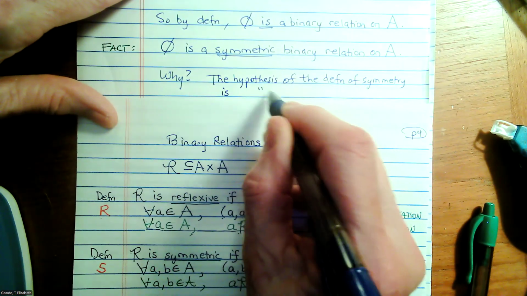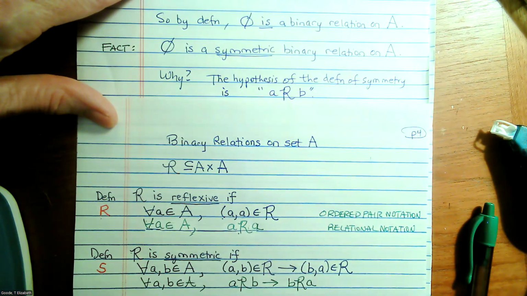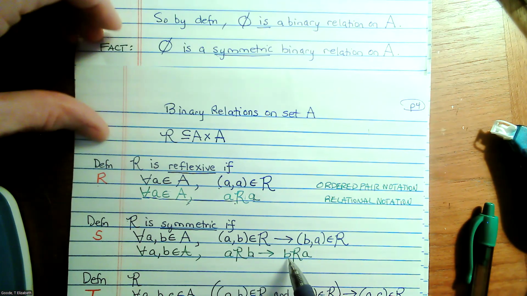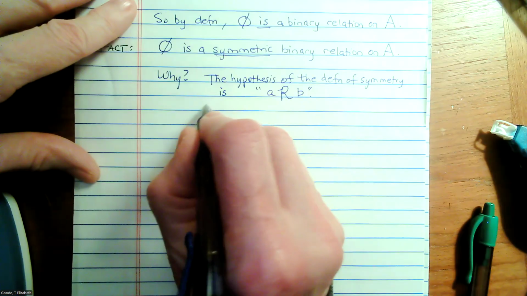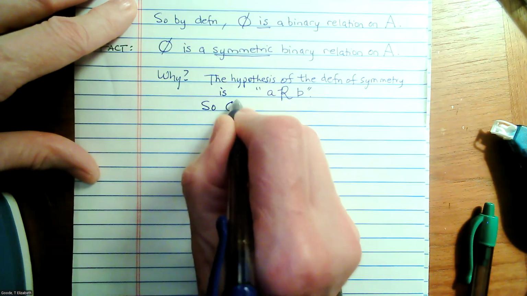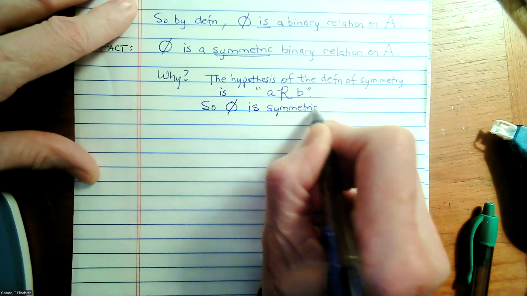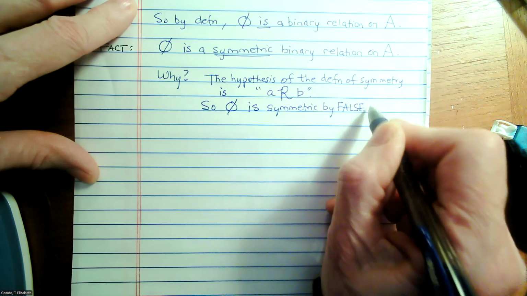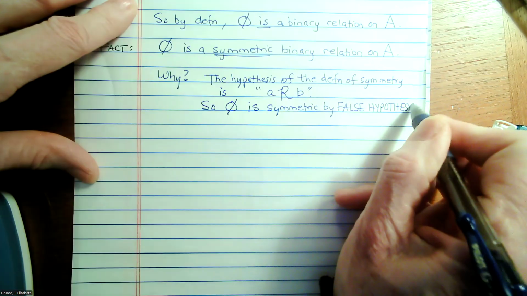is that A is related to B, right? It's only if A is actually related to B that we need to check that B turns around and is related to A. So the empty set is symmetric by false hypothesis, because there is no A related to any B. Makes sense.